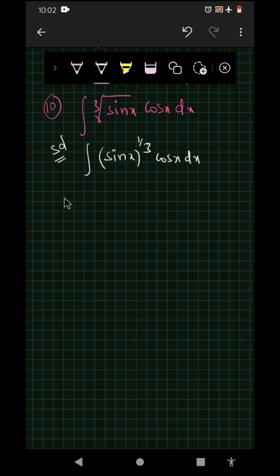So now to solve this problem we have to take sin x as t. Therefore let sin x is equal to t. So differentiate on both sides with respect to x. We get d by dx of sin is cos x dx is equal to dt.